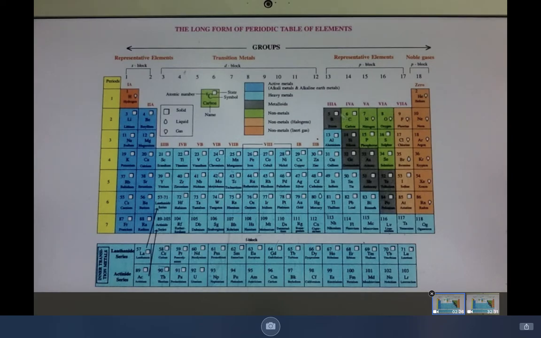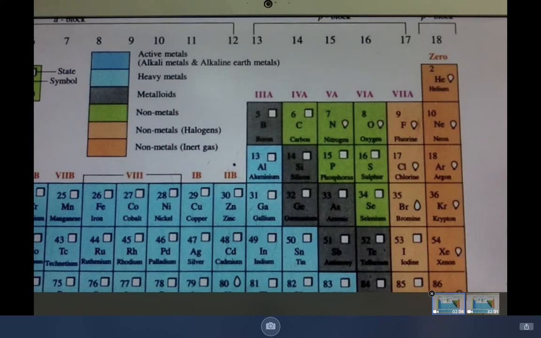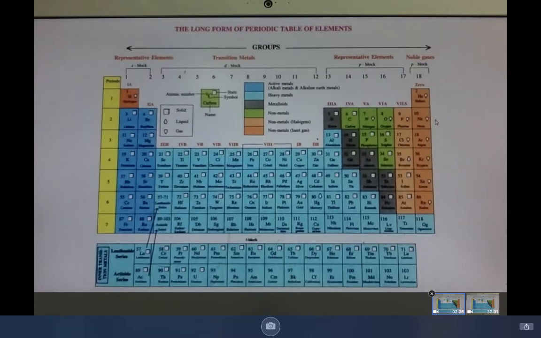Then there was 2,3, 2,4, 2,5, 2,6, 2,7, 2,8. Now what's the similarity in all these elements? They all have not one shell but 2 shells, each one of them starting from lithium and going up to neon. So period 1 had 1 shell, period 2 had 2 shells.